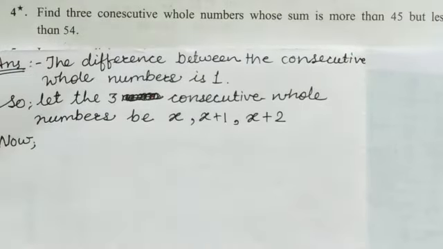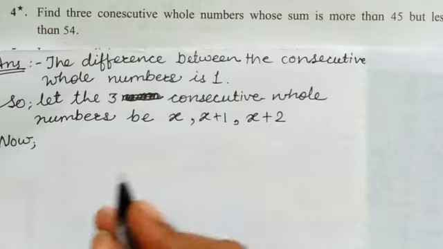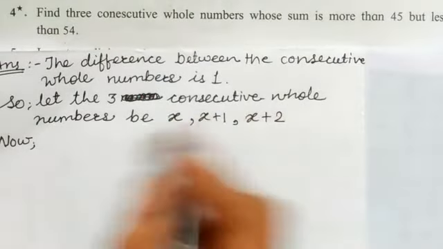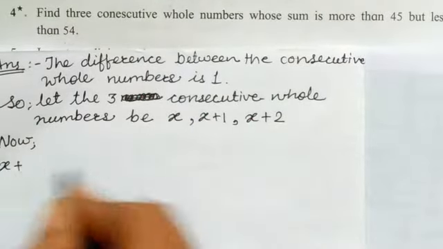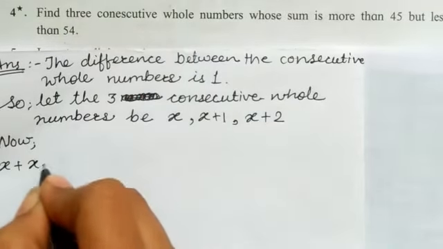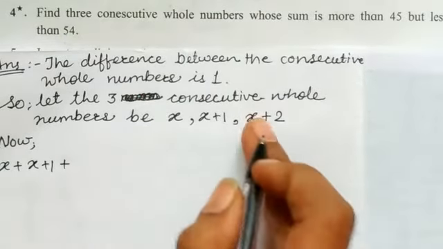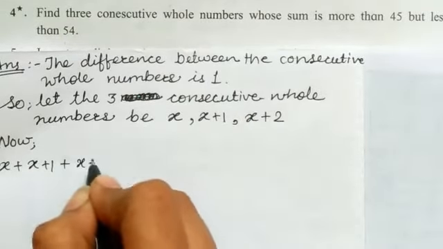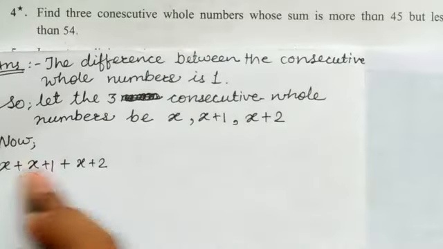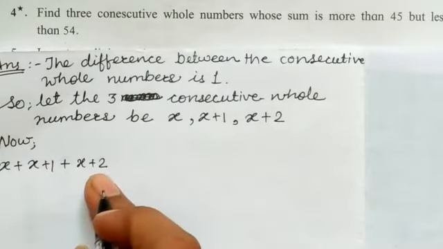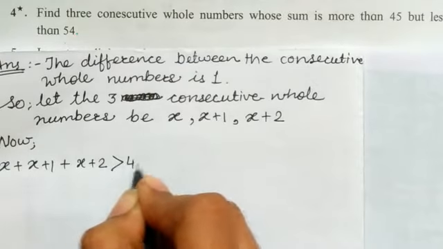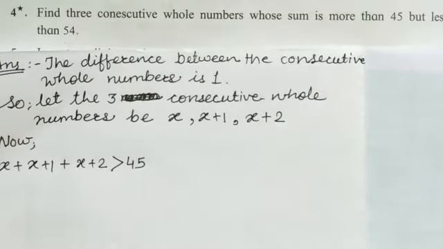So we can create the equation. The addition of these 3 numbers, x plus second number x plus 1 plus third number x plus 2, will be more than 45. Is it right?